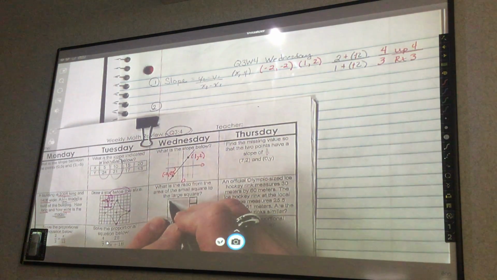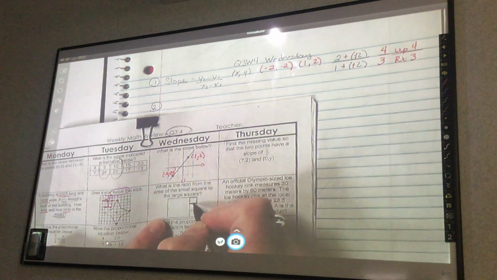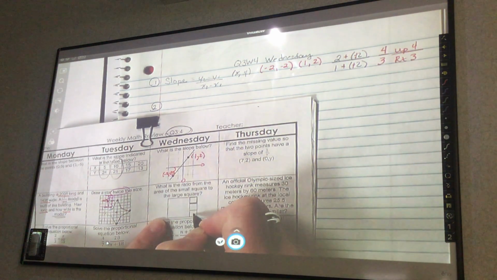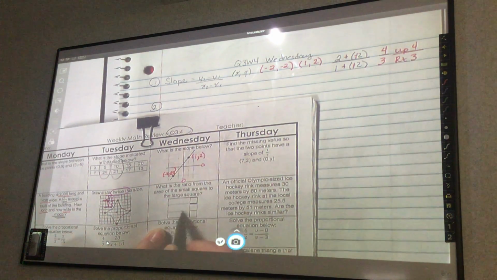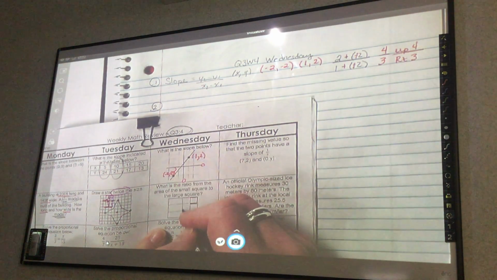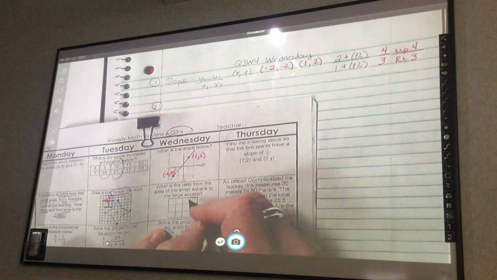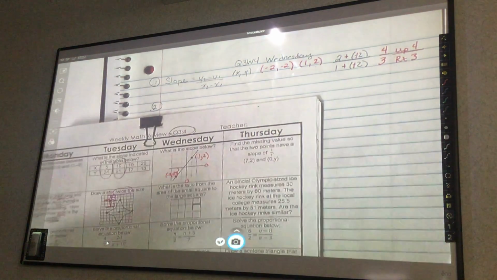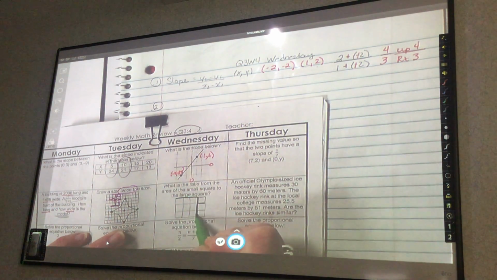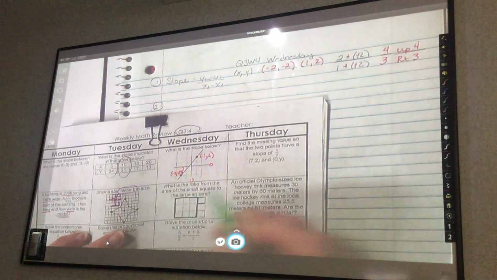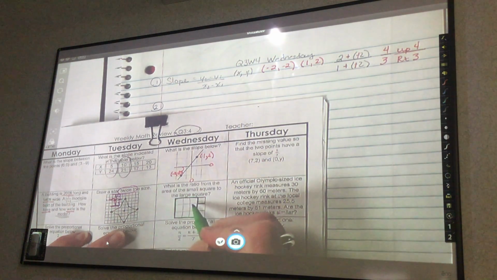If I'm trying to find the area of this large square, that's the reason why they have 3 small squares there, okay? So if I would cut this up, this is my large square that I'm trying to figure out, not with the other one. So the area would be 3 by 3.